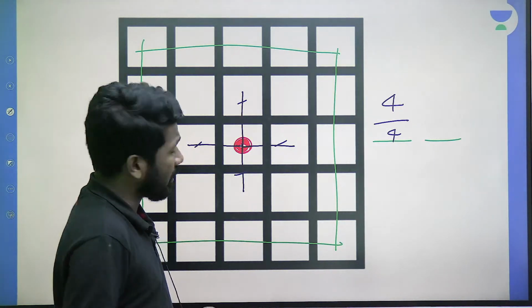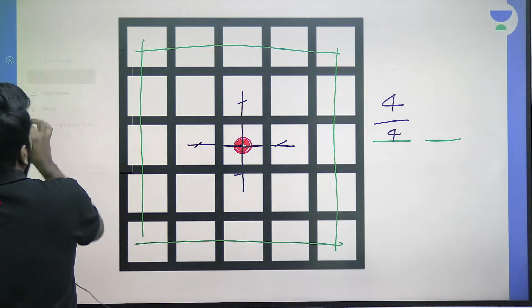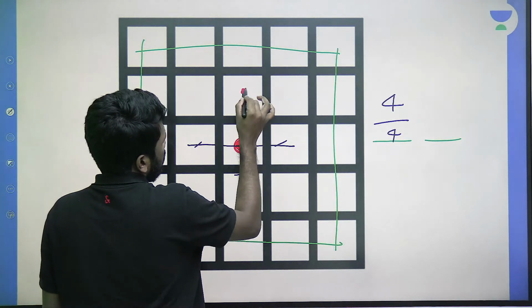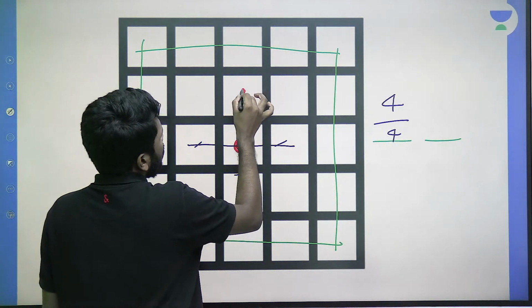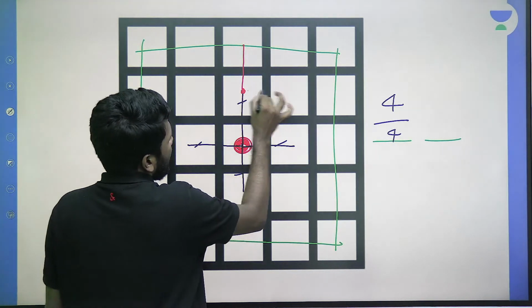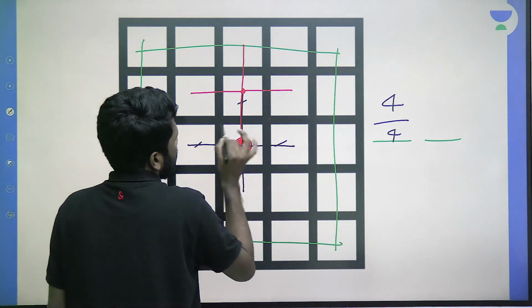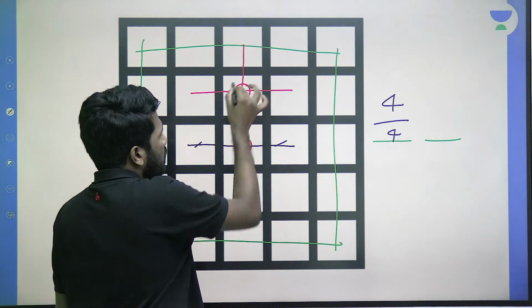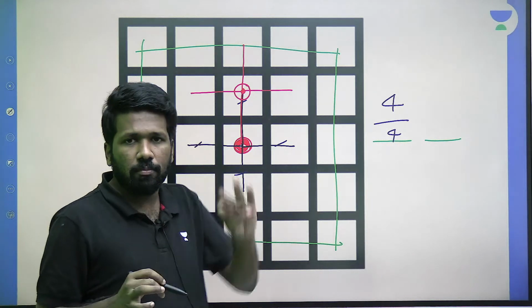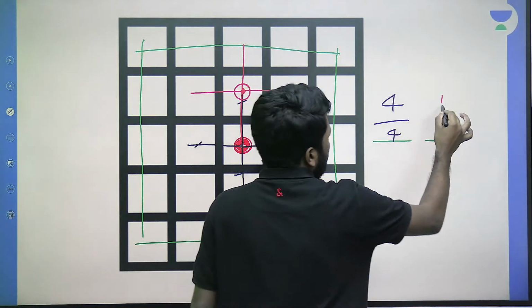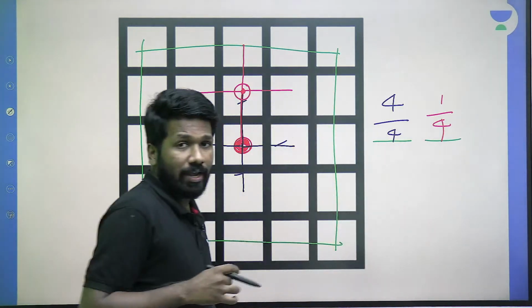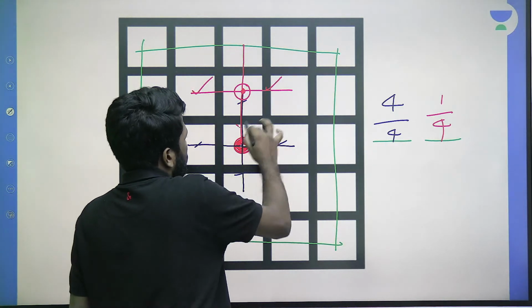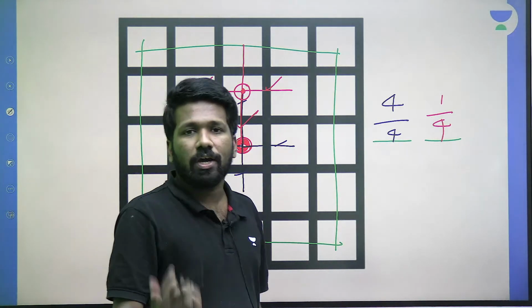Now the second movement, carefully think about it. For each of these 4 movements, for example this movement, to reach the outer square, the only way is this. But there are 4 possibilities like this, horizontal and vertical considered. For the first movement there are 4 possible movements, but from those only one possibility is required to reach the outer square. The rest, this one is not a required outcome.